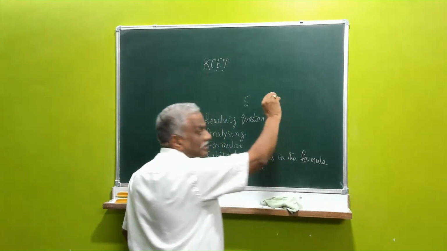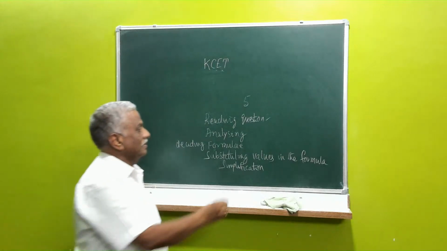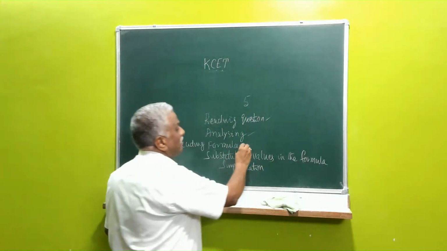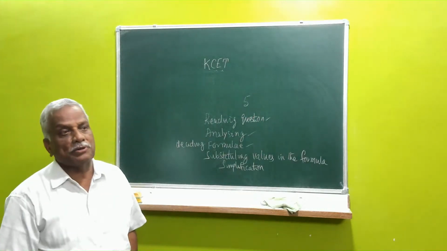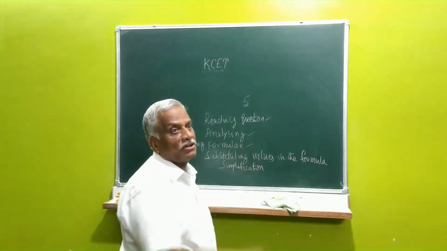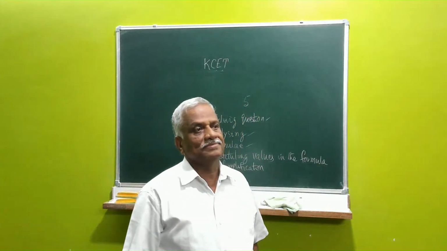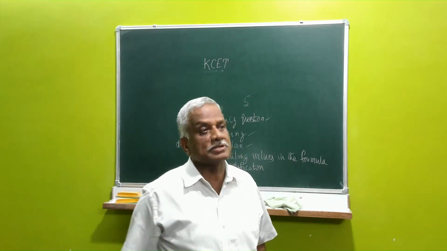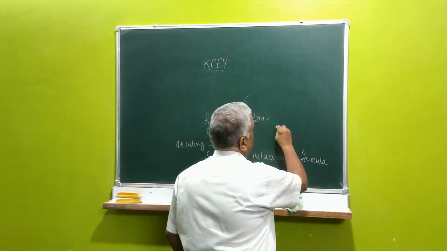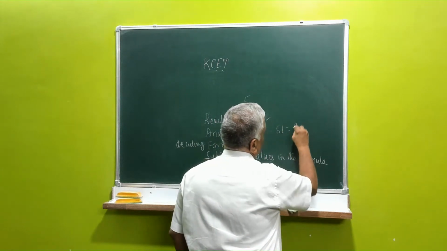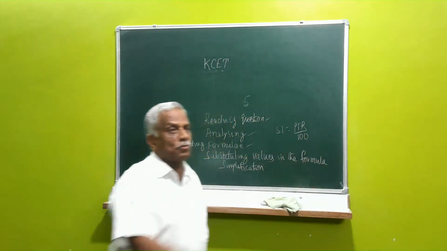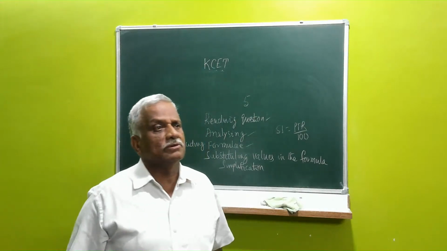So you have to read the question carefully, analyze it, what is given, and decide what formula to use. And in that formula, you have to put the values. Suppose, in simple terms, I'll take an example. Simple interest problem is given. SI is equal to PTR by 100. This problem may not be relevant to the topic that I am discussing, but I just want to give a simple example.